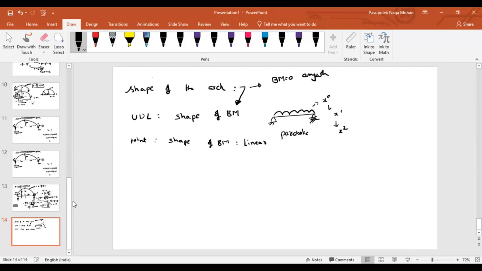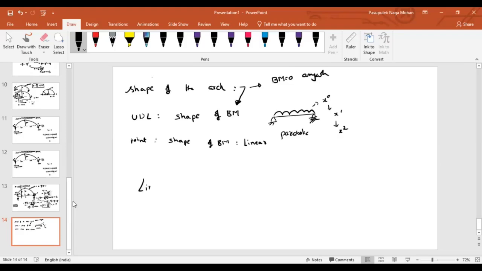It is also one common type of 1 mark question that will be asked in the exam: if the shape of the arch is in the shape of the equivalent BMD of a simply supported beam, then the bending moment is equal to 0.